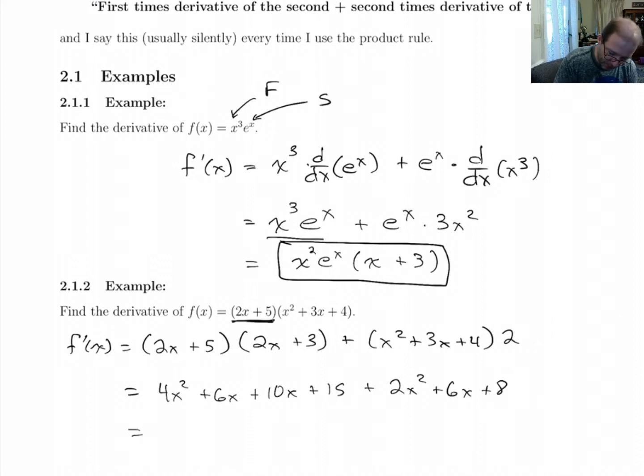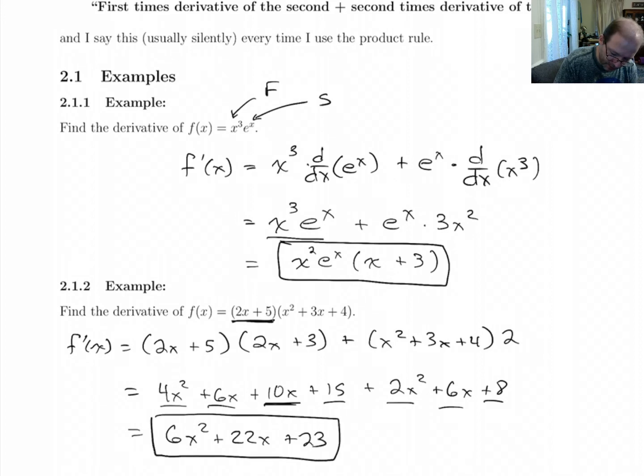If I combine terms, I get 6x squared plus, wait, not 12x, because I've got 6x, 6x, and 10x, so that's plus 22x. And then 15 and 8 is 23. So we get this for our answer. And it makes pretty good sense. The original thing up here was a cubic function, and the derivative here is a quadratic.